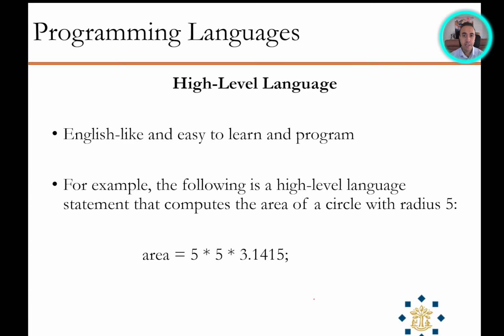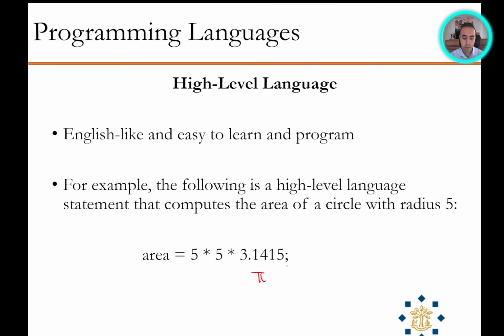And a high-level language, compared to a low-level language, is easier to learn and program, and it is more English-like. So for instance, this one is an instruction: area equals 5 multiplied by 5 multiplied by pi. That's 3.1415 for pi.